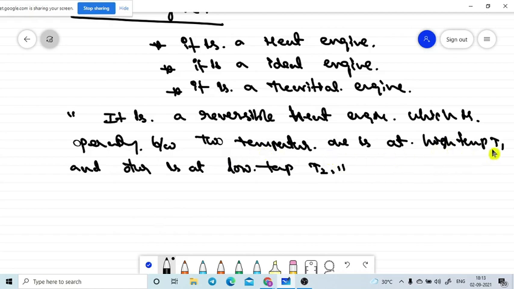One is at high temperature T1 and the other is at low temperature T2.